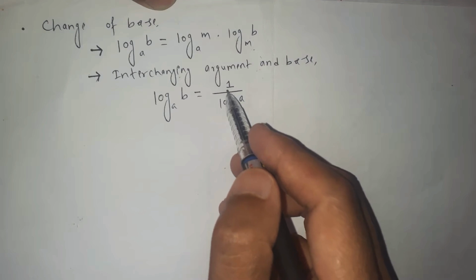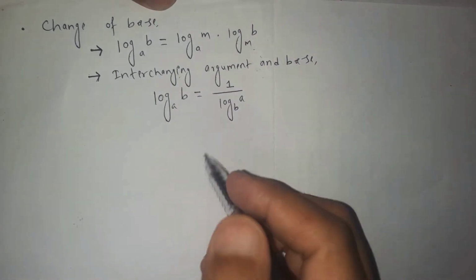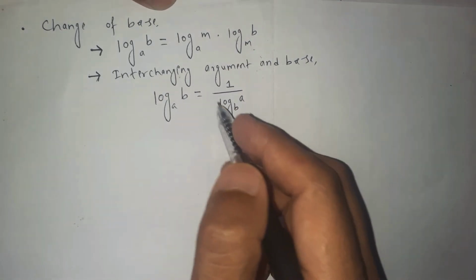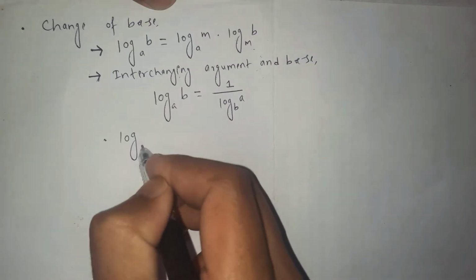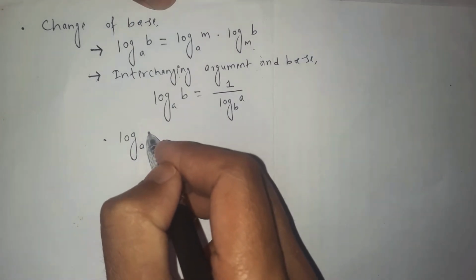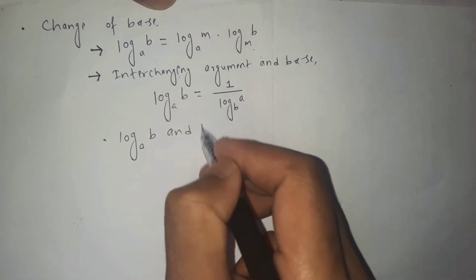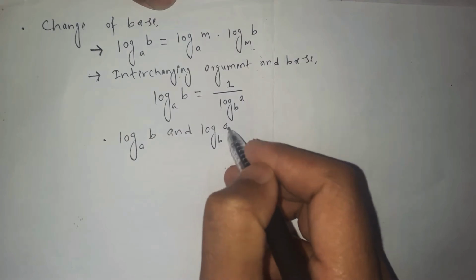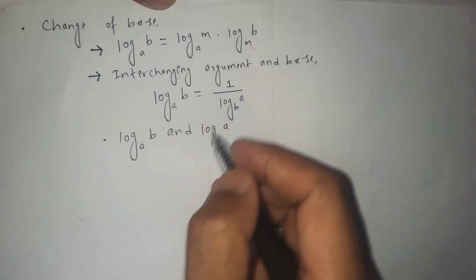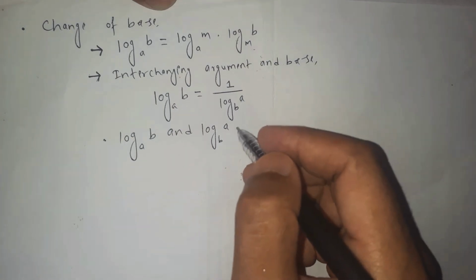We have to take 1 over that interchanged logarithm, and from this expression we can observe that log with base a of number b, and another logarithm, log with base b of a number a, are multiplicative inverses of each other.